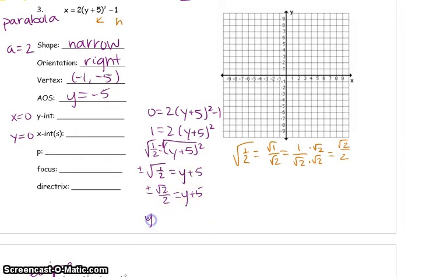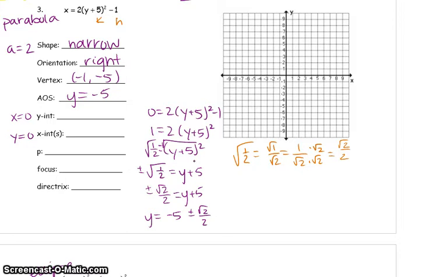To get y by itself, we would subtract over our 5, so we'll get negative 5 plus or minus root 2 over 2. Now, sometimes I may ask for an exact answer for your y-intercept, so you would have to know this. But when you're plotting your points, this doesn't help you too much. So let's find an estimation of those points.